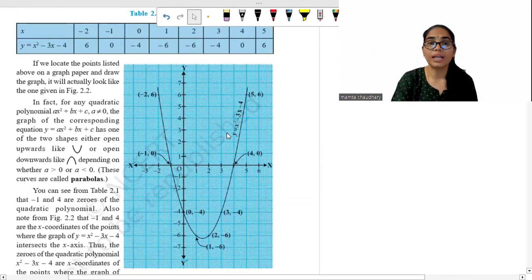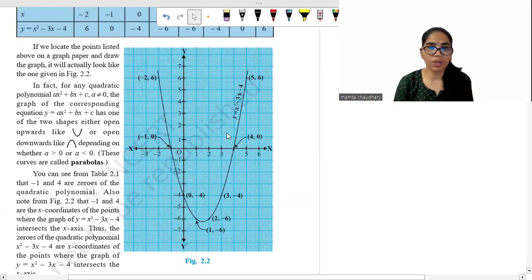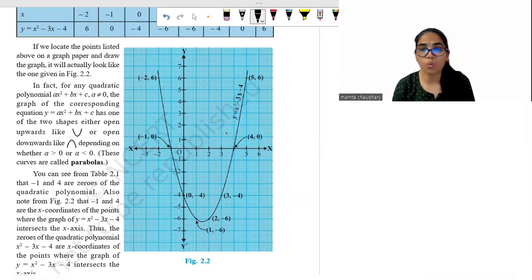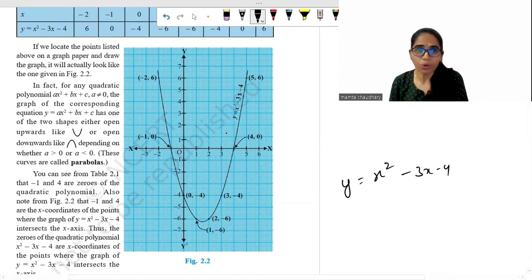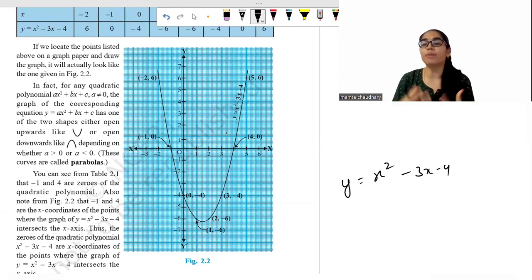Now you can see this graph. Here the equation is y equals x square minus 3x minus 4. Now we need to find the number of zeros for this. Basically, children, whatever is the highest power or degree of a polynomial defines the number of zeros.